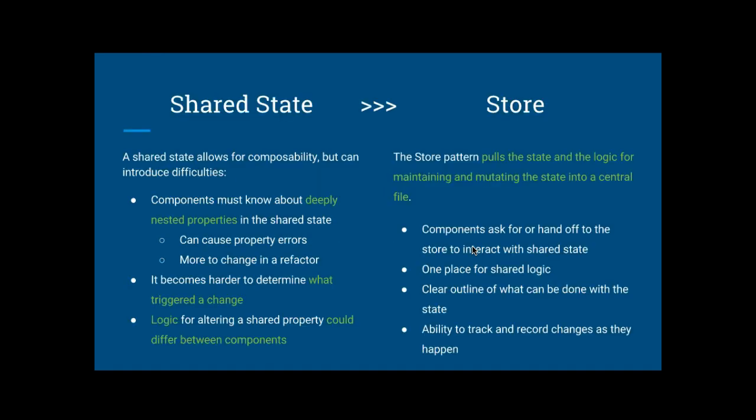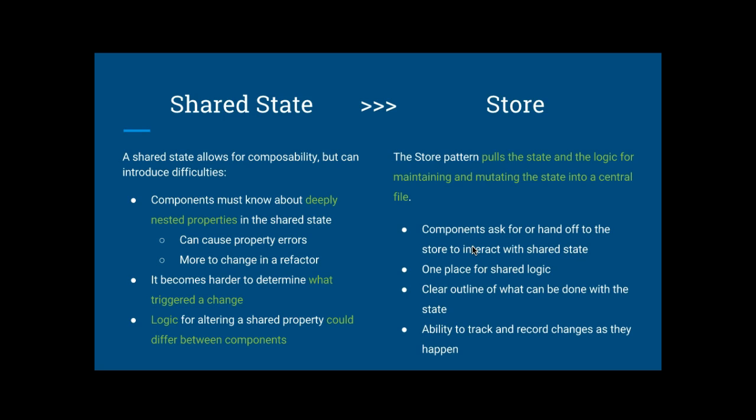So, a shared state can be done really simply by just sharing a JavaScript object between two components. But it does have some downsides. It means that you run into issues where you need to know the data properties of that shared state. Regardless of how deep it goes, you have to understand the structure of that shared state.